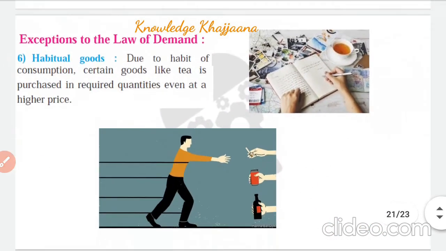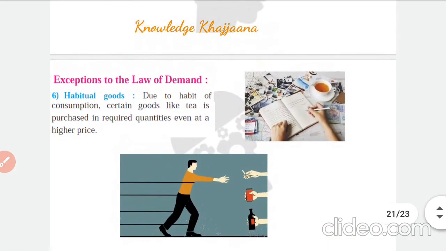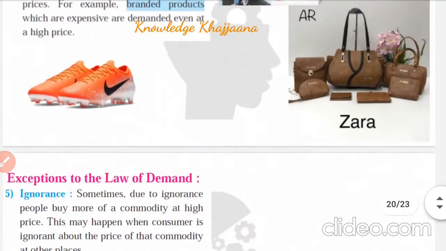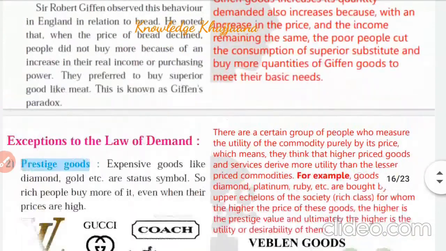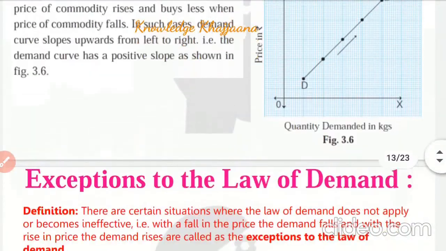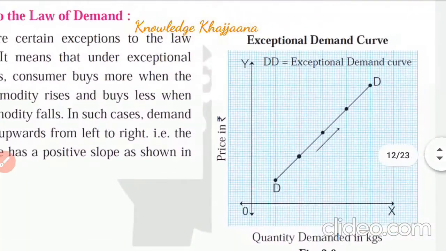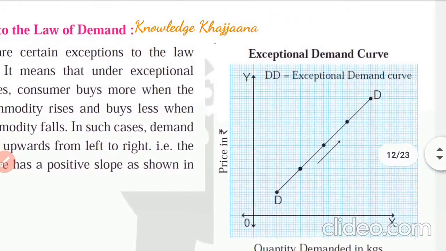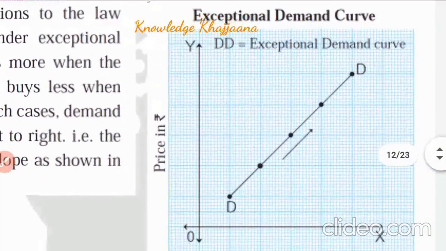And what happens when these exceptions violate the law of demand? The demand curve slopes upward from left to right. This is the basic distinction when there are exceptions to the law of demand.